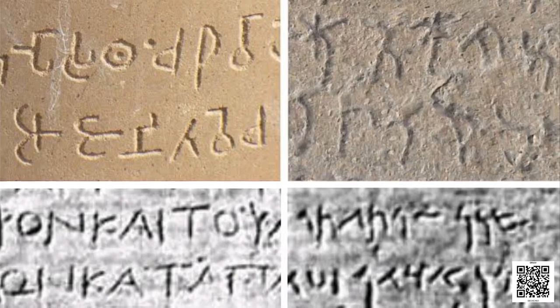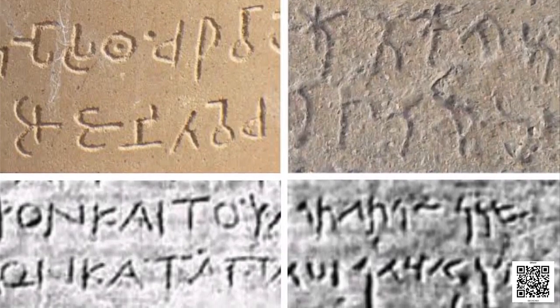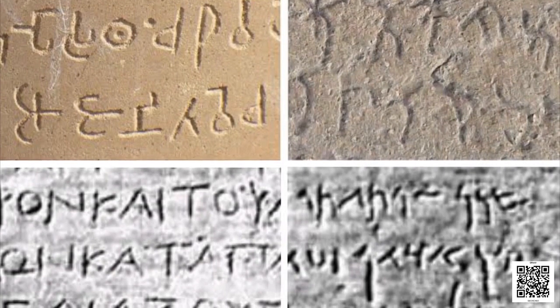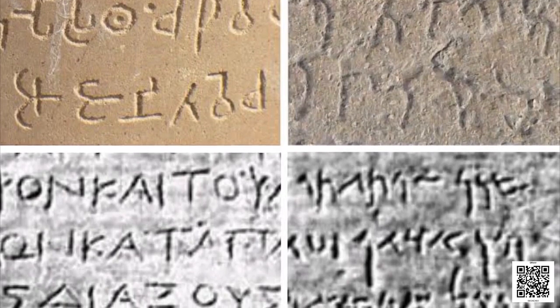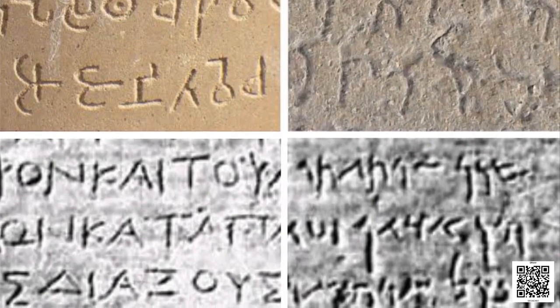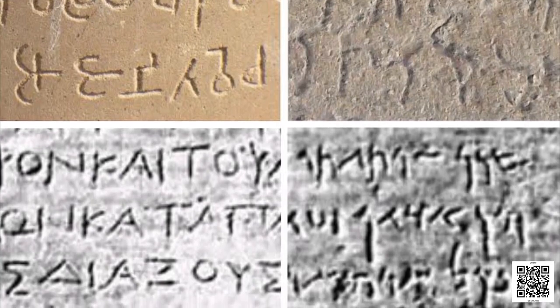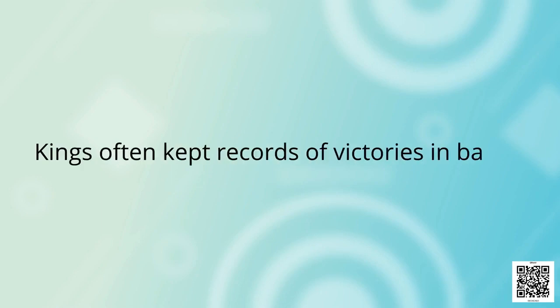These are writings on relatively hard surfaces such as stone or metal. Sometimes kings got their orders inscribed so that the people could see and read and obey them. There are other kinds of inscriptions as well, where men and women recorded what they did. For example, kings often kept records of their victories in battle.